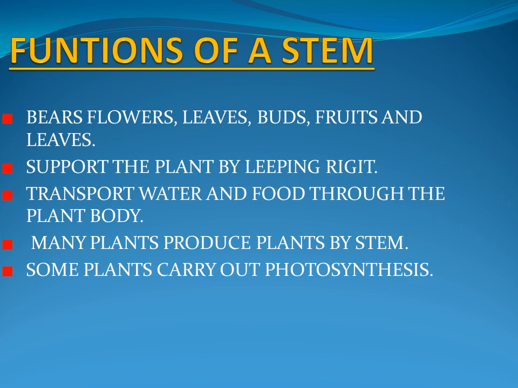So the next one is, many plants produce new plants by stem. Yeah guys, many plants produce new plants by stem. Examples of plants which produce new plants by stem are shoe flower, jasmine, saman, peach, sweet potato, and manioc. For that, you cut the stem of the plant.